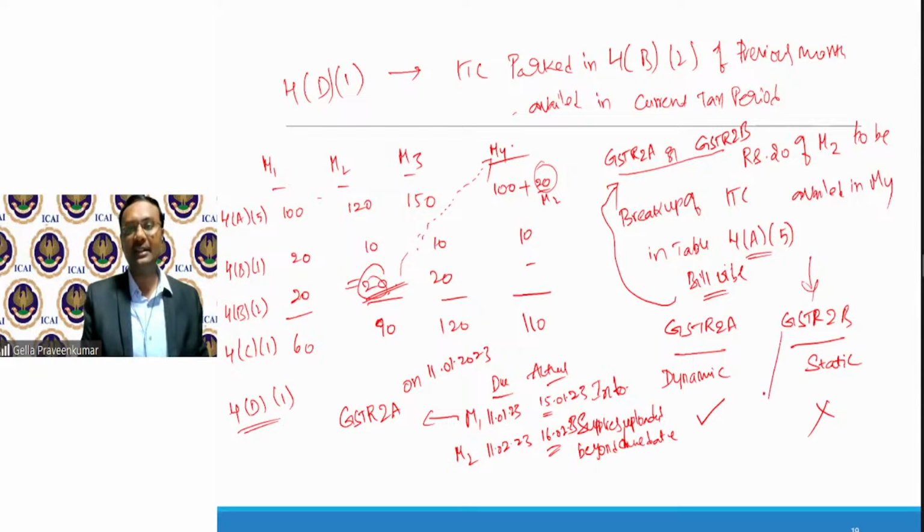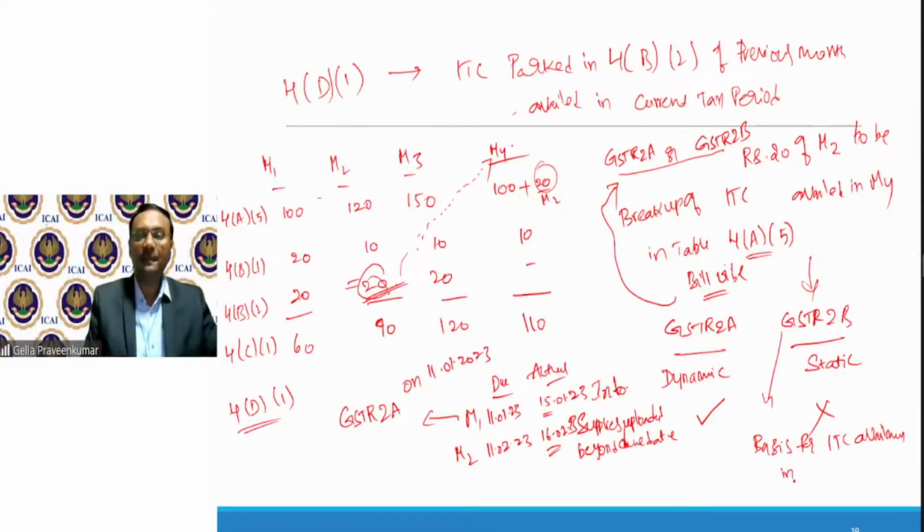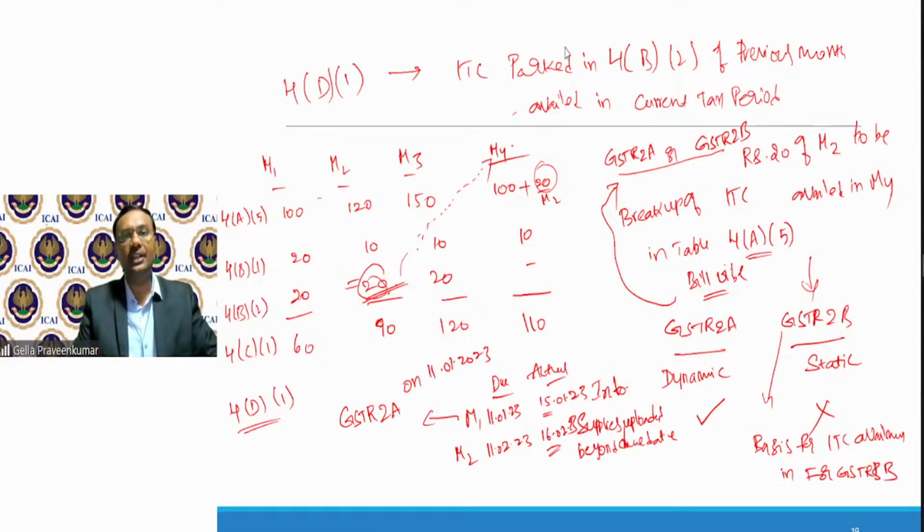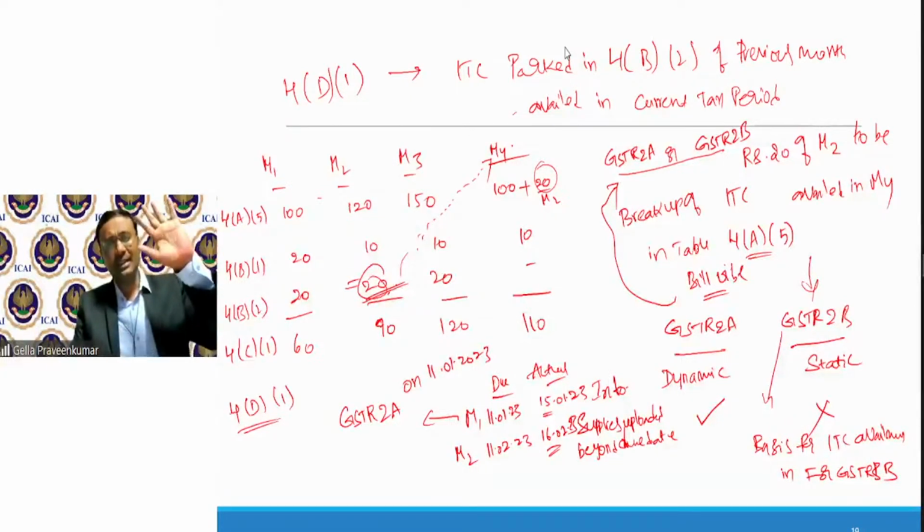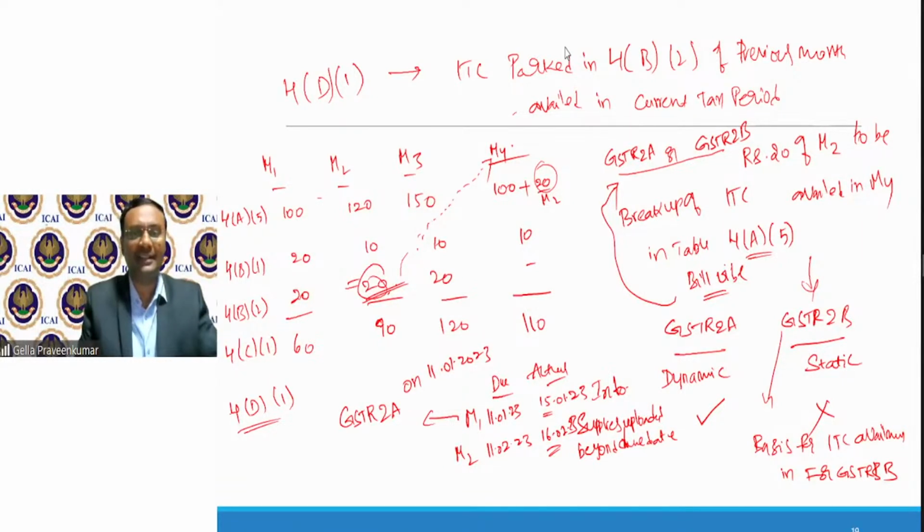And this is the basis for ITC availment in form GSTR-3B. So if you want to file GSTR-3B, Namrata, only that credit which is coming in form GSTR-3B, you can avail. GSTR-2A is just a summary. I cannot avail any input tax credit.